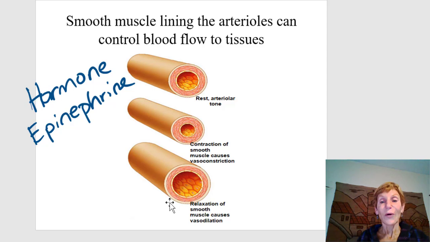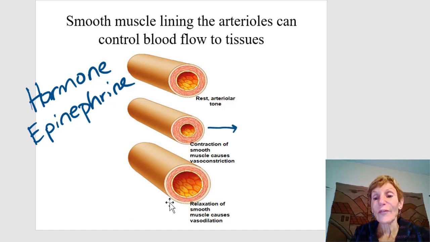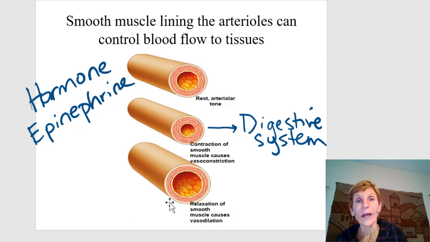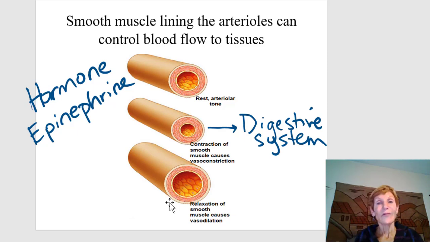So epinephrine is going to act like a vasoconstrictor for the arterioles of the digestive system and any other system that you don't need when you are running, or when you're scared. So it's a vasoconstrictor for all those systems that you don't need when you are in fight or flight mode, okay?